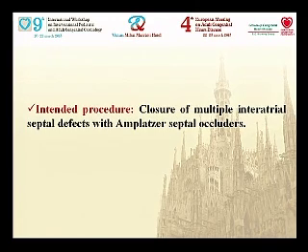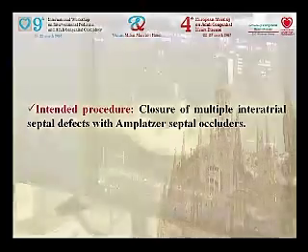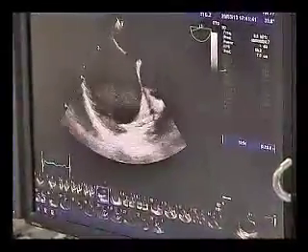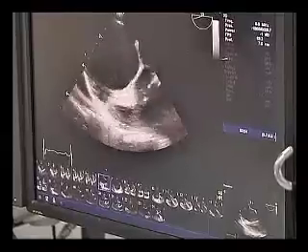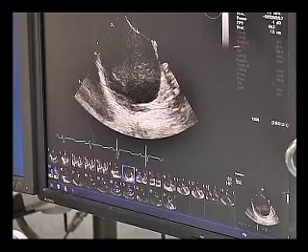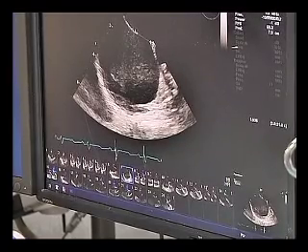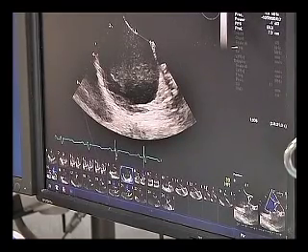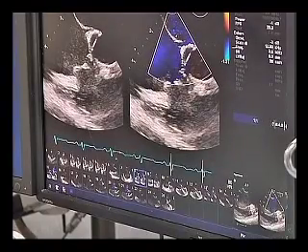The transesophageal echo. Here we can see the anterosuperior atrial septal defect with an aneurysm. It's about 10 millimeters at the transesophageal echo. And there is also a patent foramen ovale.